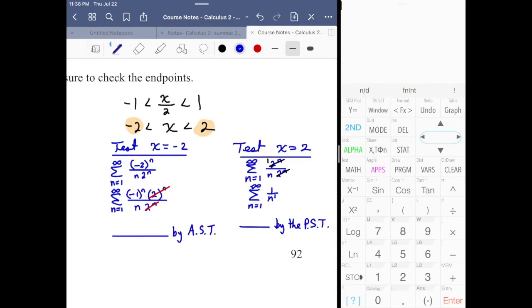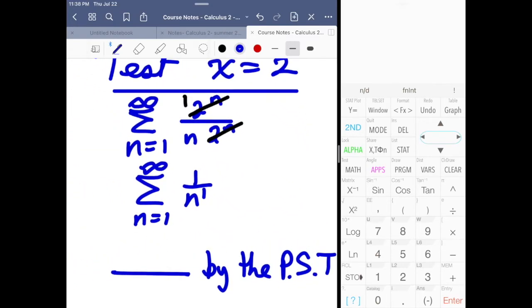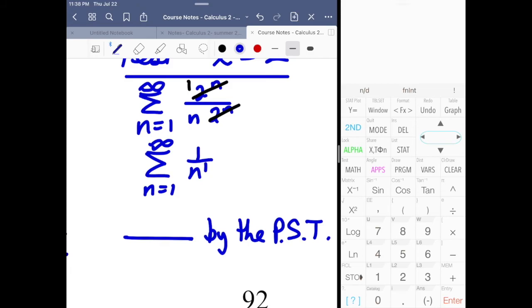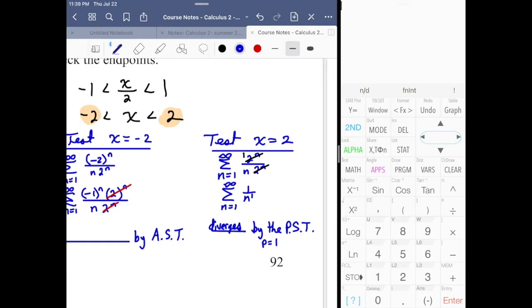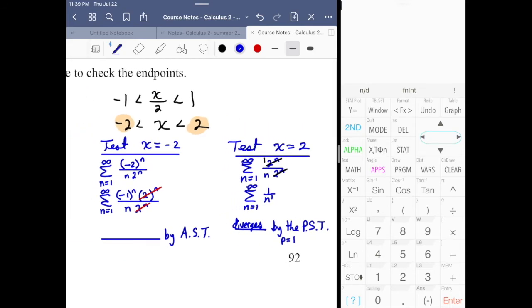All right. So using that information, we're going to come back to our example. And see here that it's in the form of 1 over n to the p power. So this diverges by the p-series test, and that's because the p is equal to 1.